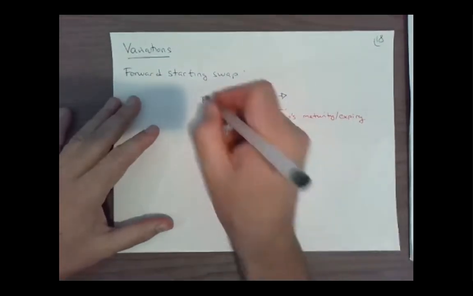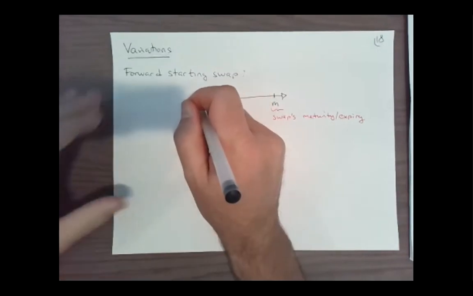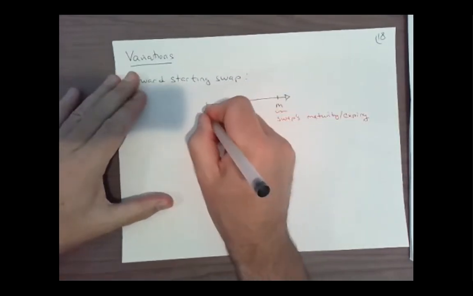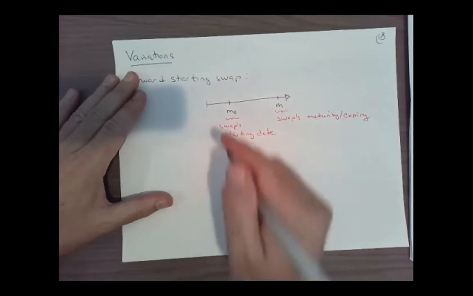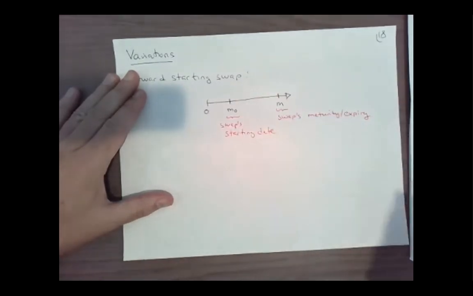And then we have over here, if this is time 0, we could have, how general do we want to do this? Maybe we should just say we start out here. This is today.